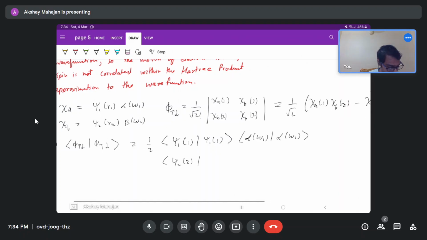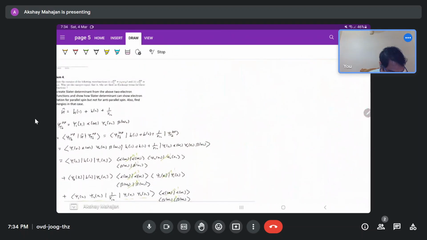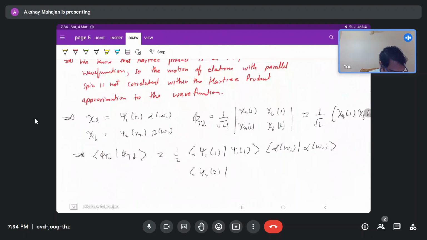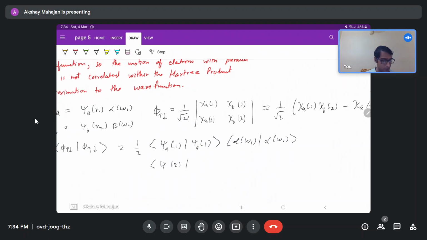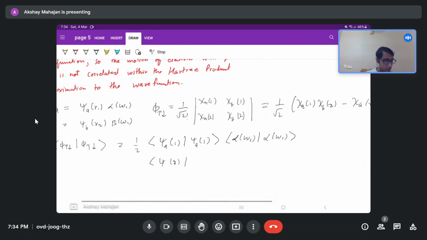Okay, since I put psi and psi b, let us write them as psi and psi b as well, otherwise again there will be some confusion. So now we will have proper spatial orbitals, which I am also writing as psi and psi b, corresponding to chi A and chi B and alpha and beta.